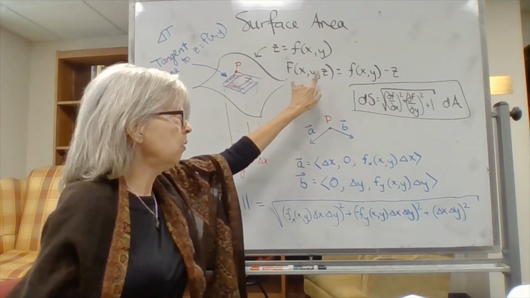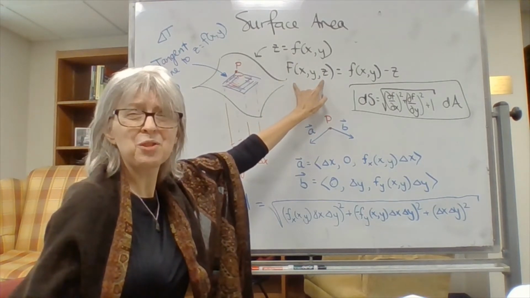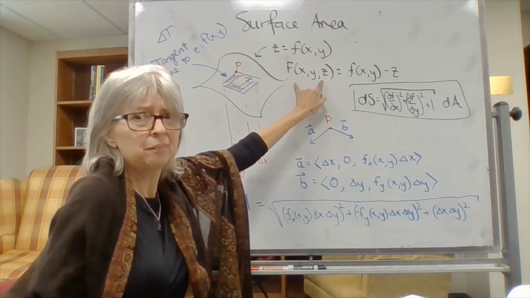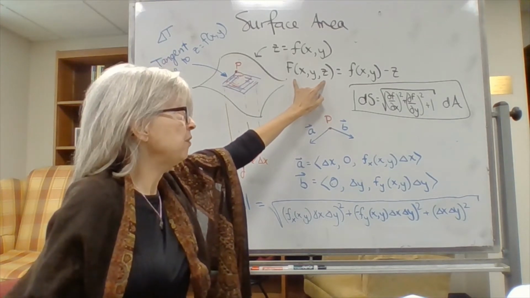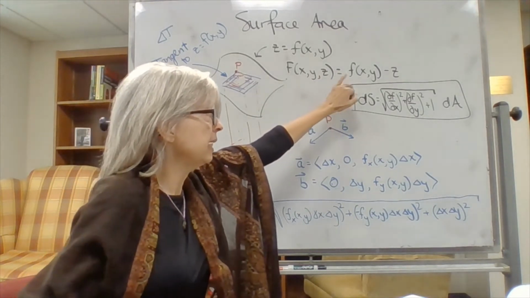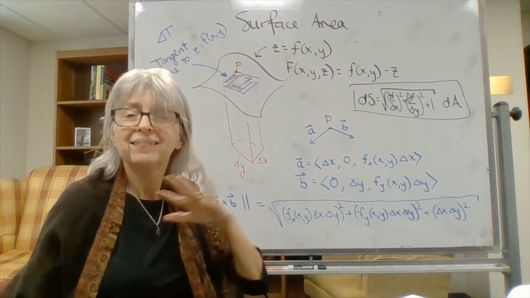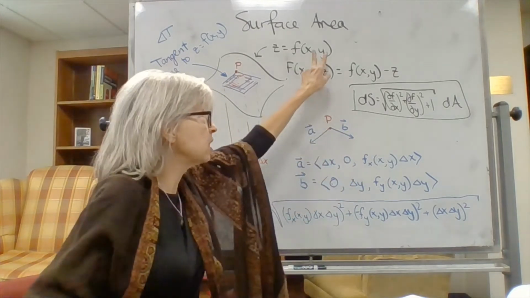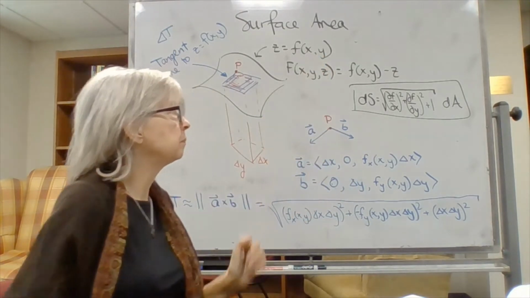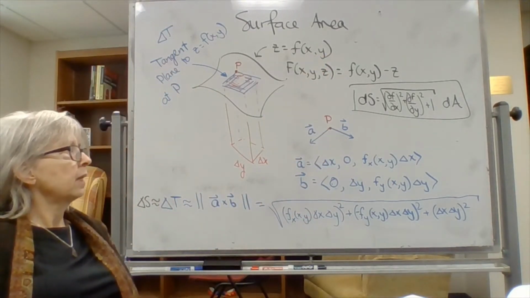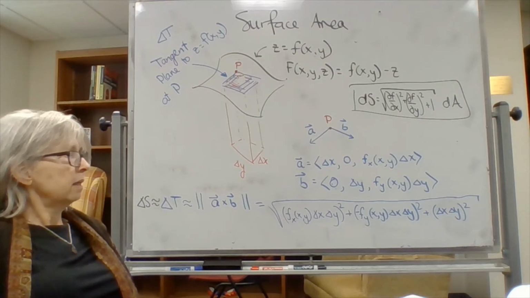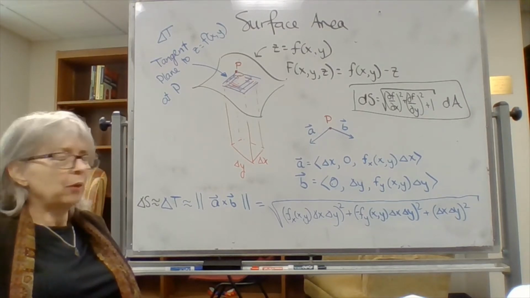And as before, suddenly I feel like I was missing a z. I don't remember if I was. Big F of x, y, z is going to be little f of x, y minus z. That's technically equal to 0 because of what's written above. I don't really need it, but I wrote it up there anyway.